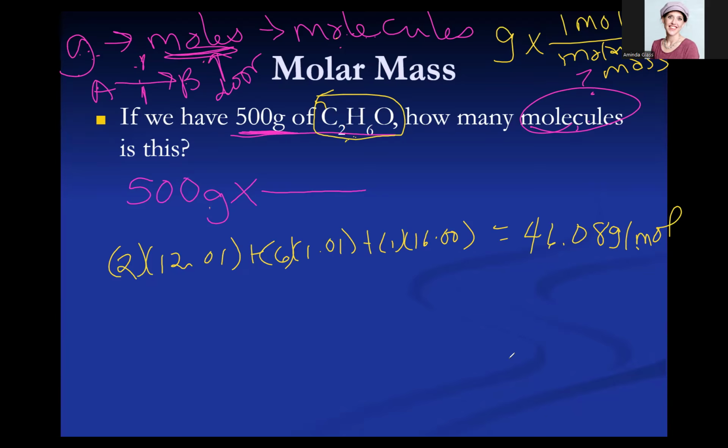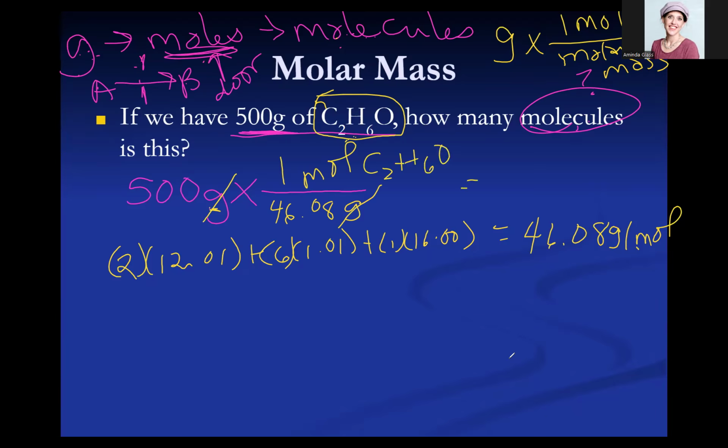So since I want to cancel out grams, grams has to go on the bottom. Mole has to go on top. So we have 1 mole and 46.08 grams. Grams will cancel out. This is C2H6O.